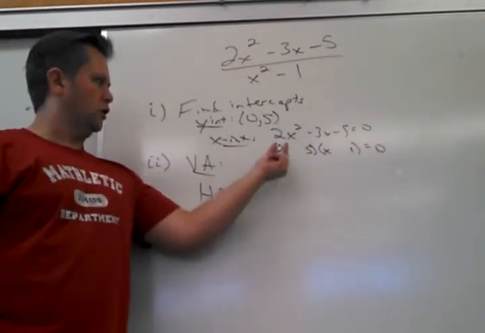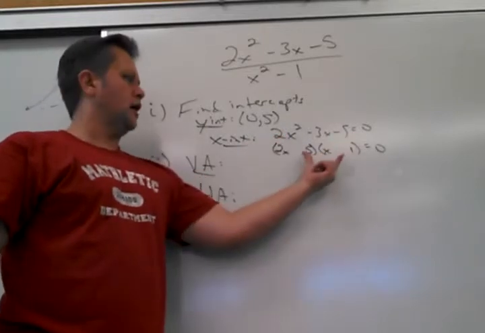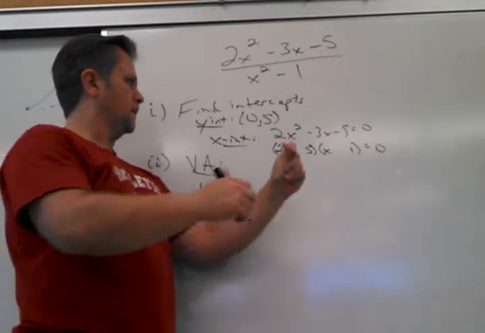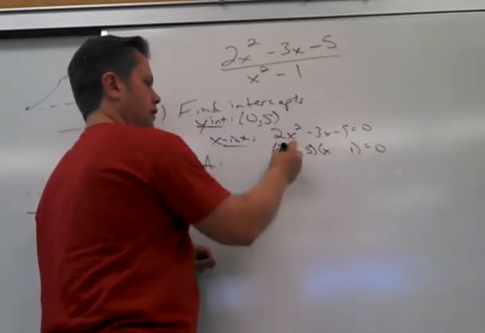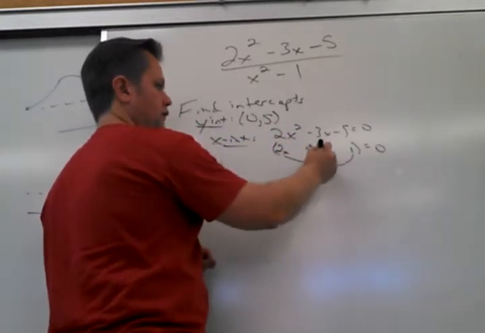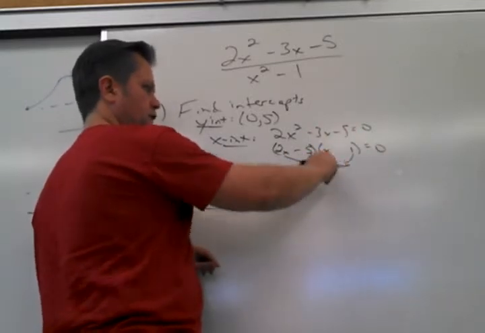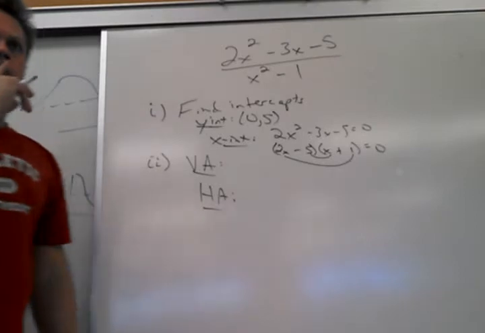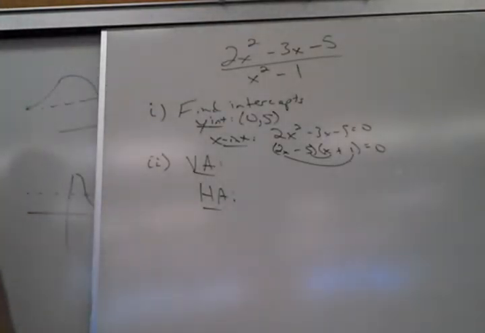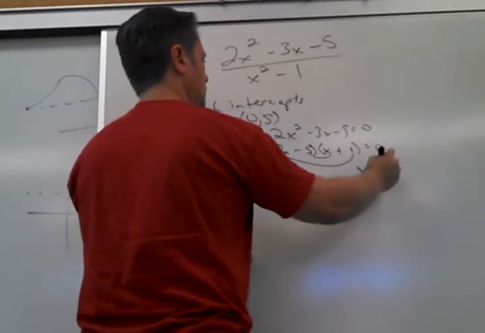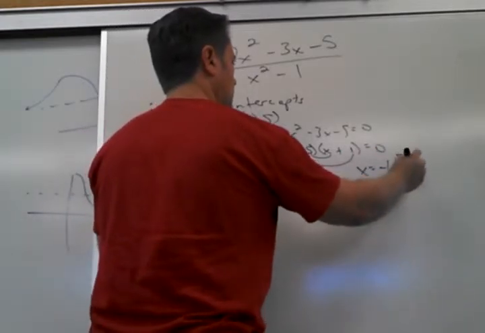That's cool. But when there's only one way to factor these numbers, I would do trial and error, because there's really only two ways it could be. Right? So to make a negative 3, see here I get a 2x and a 5x. Which one has to be negative to make negative 3? The 5. The 5x, and that's where the 5x comes from. Cool. So what are my x-intercepts? Negative 1 and 5 halves. Okay.